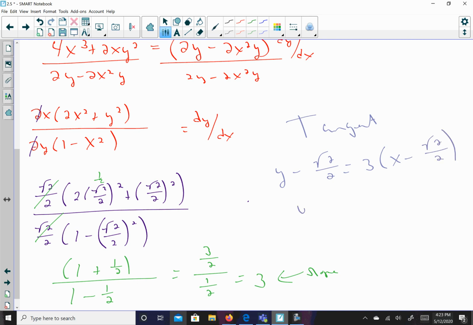So y is equal to 3x minus 3 square root of 2 over 2, and then the one that I bring over will be plus the square root of 2 over 2. When I combine my like terms, I end up with 2 square roots of 2 over 2, so just the square root of 2. So I'm going to end up with 3x minus the square root of 2, and that is my tangent line.